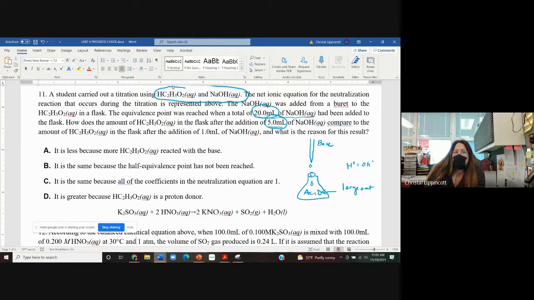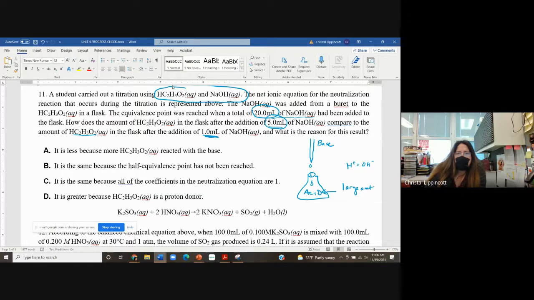Okay. So they are trying to figure out the equivalence point was reached. How does the amount of this compare to when they had 1 mil in? So if we had 1 mil in, there would have been less acid in there, right?